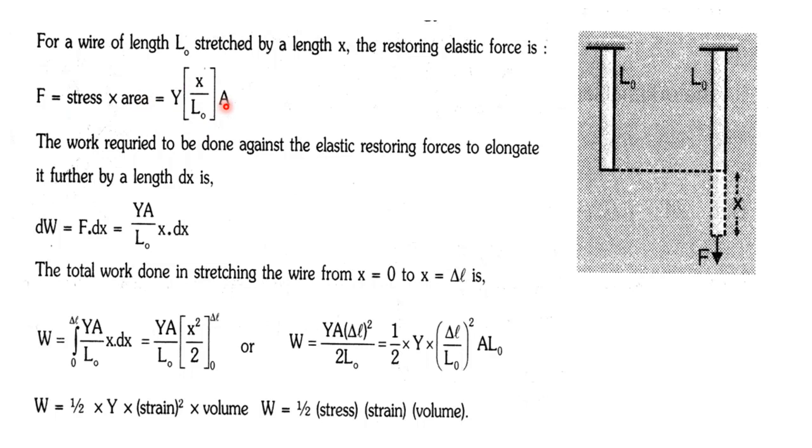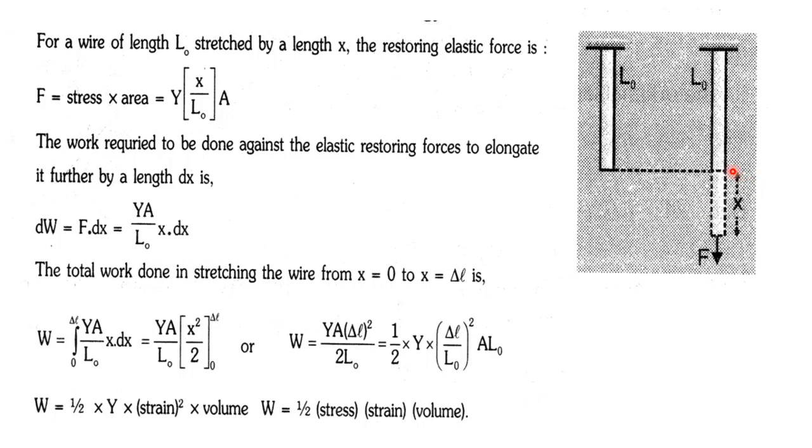Now, what amount of work is to be done by the restoring force if there is a further increase in the length, let us say by dx? We write the definition of work done: dW is equal to F dx. So what is F? We substitute the value of F here and dx here, and then we integrate from a lower limit to an upper limit.